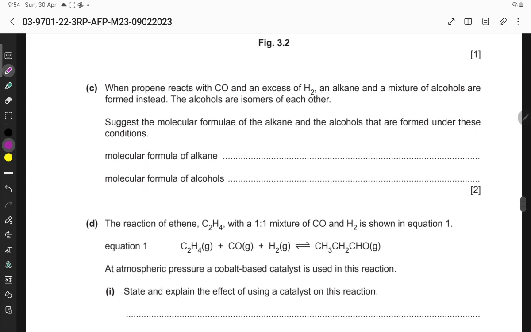When propene reacts with CO and an excess of hydrogen, an alkane and a mixture of alcohols are formed instead. The alcohols are isomers of each other. Suggest the molecular formula of the alkane and alcohols that are formed under these conditions.